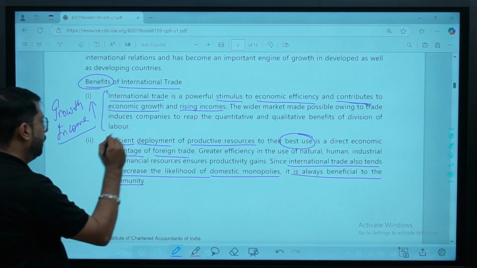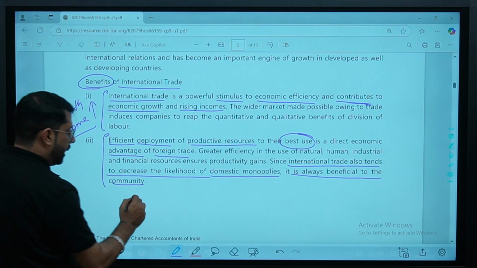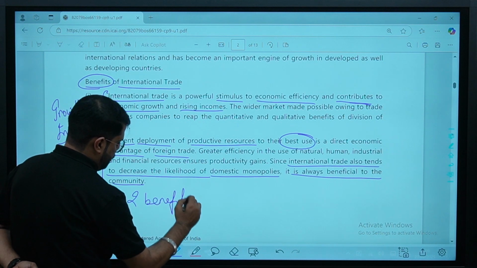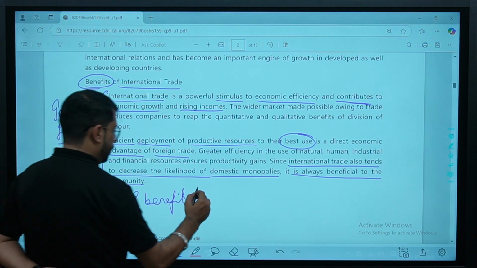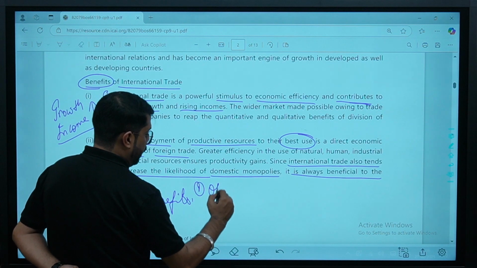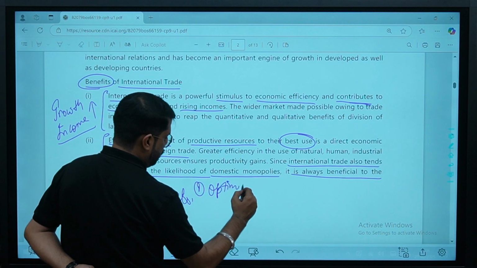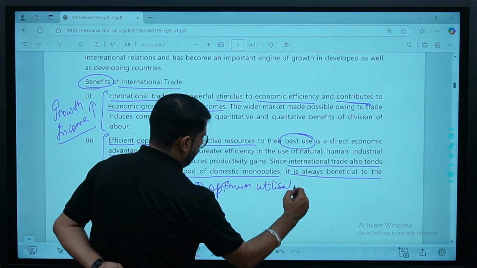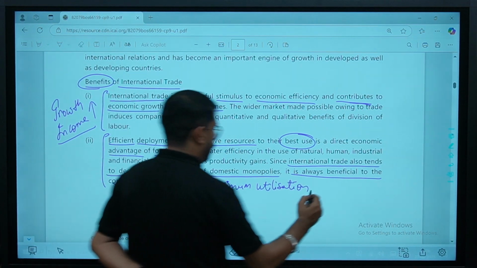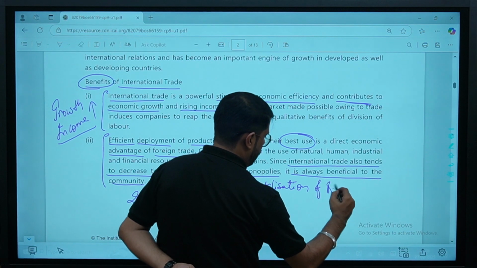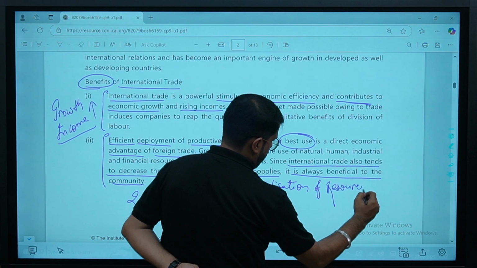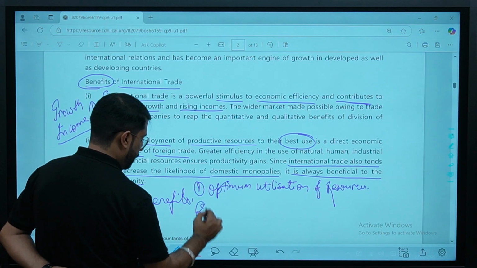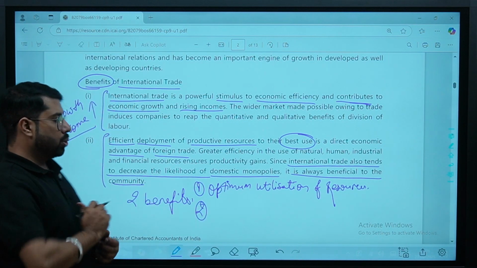If I sum it up, again they are referring to two benefits here. First, it leads to optimum utilization of resources. And second, how does it lead to optimal utilization of resources?